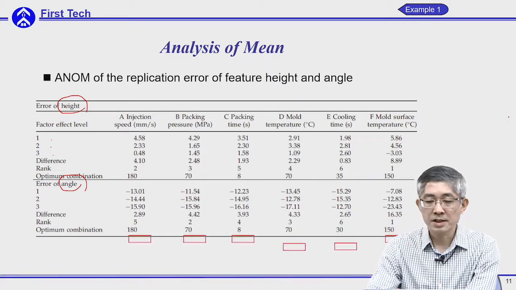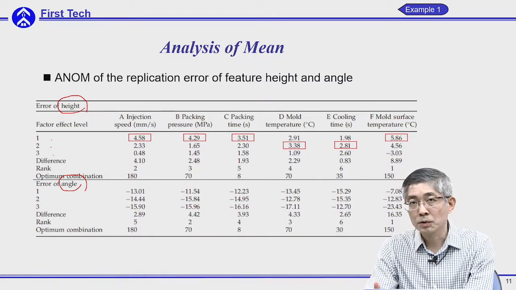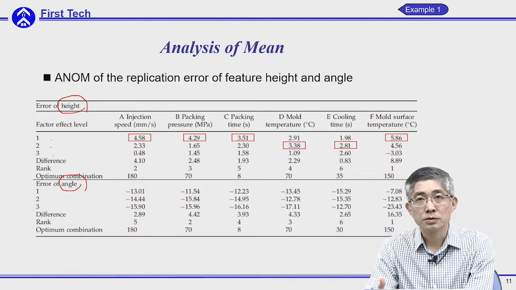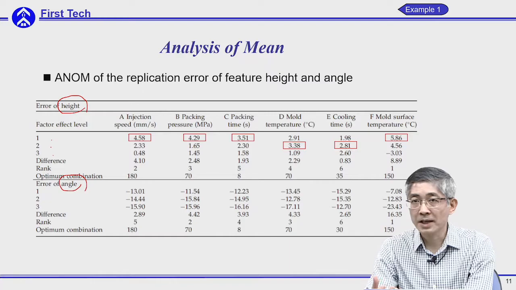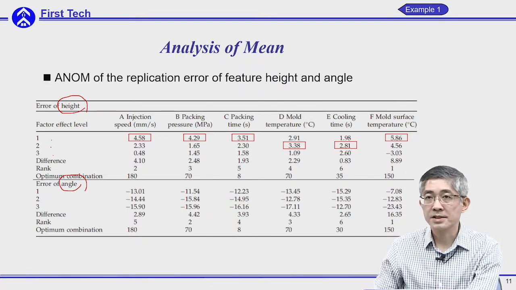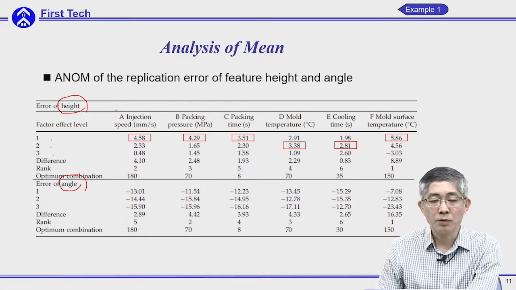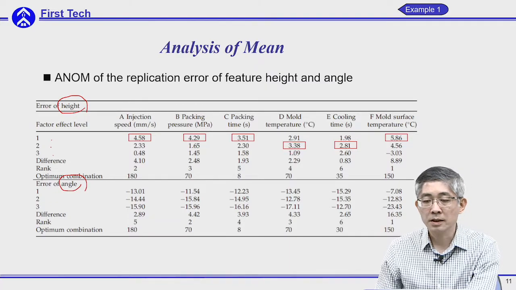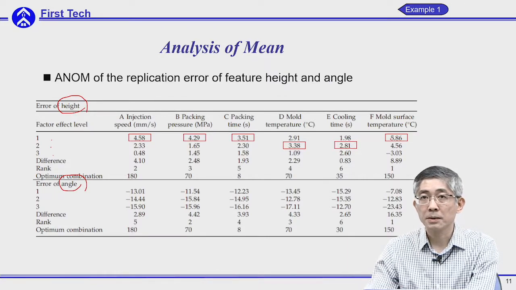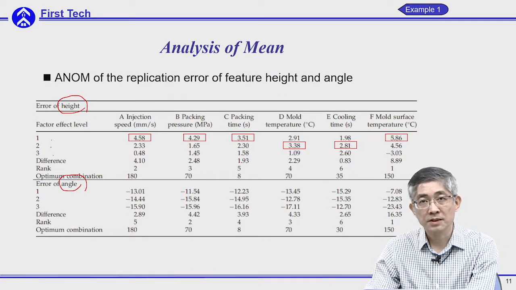So as you can see, in the first step, we would like to find out what the parameter design is which will give us the maximum SN ratio. By considering only the height, you can see the selection of A1, B1, C1, D2, E2, and F1 will be the best parameters which will give us the maximum SN ratio.